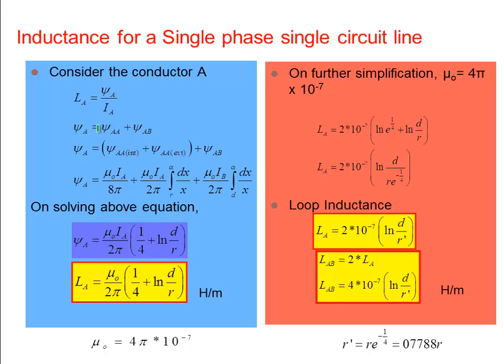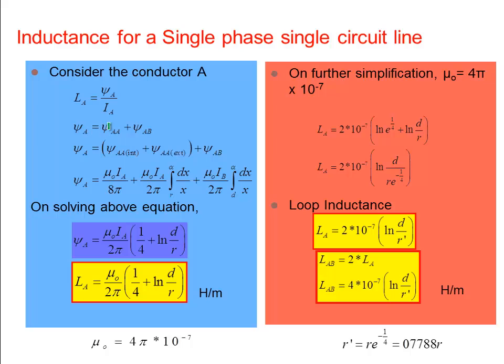Psi A is equal to psi AA plus psi AB. This psi AA denotes the magnetic flux linkage of conductor A because of current IA, that means both internal flux linkage as well as external flux linkage. This psi AB denotes external magnetic flux linkage of conductor B, that is magnetic flux linkage on conductor A because of current IB.